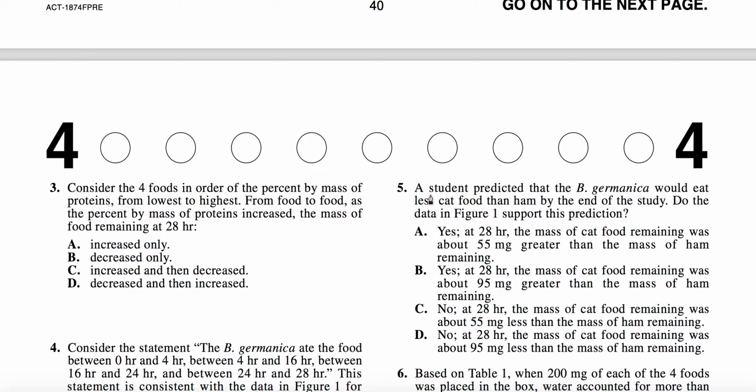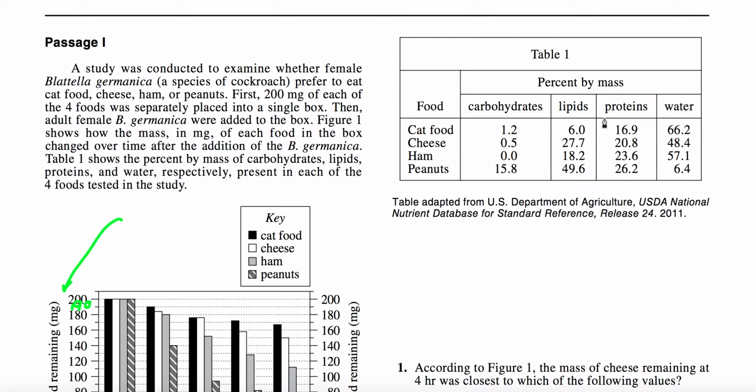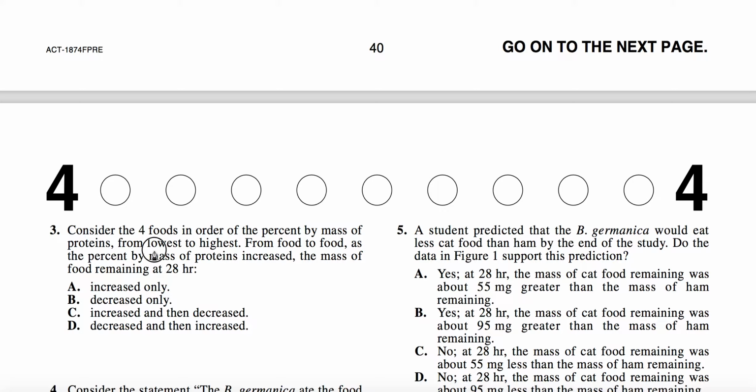Number 3, consider the 4 foods in order of percent by mass of proteins from lowest to highest. From food to food, as the percent mass of proteins increases, the mass of food remaining what? We have to go to table 1 first, and we want proteins, lowest to highest.